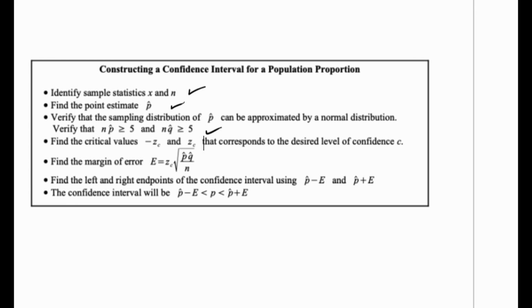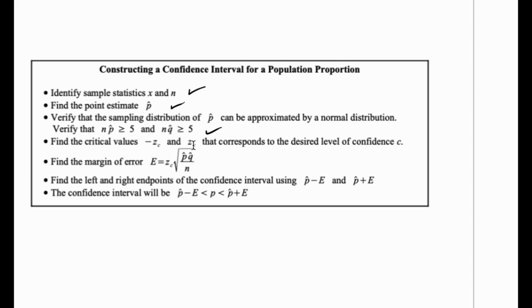Next, we want to find the critical values that go with this. Now, we had sometimes used Z and sometimes we used T. We used Z when we knew the population standard deviation. We used T when we didn't know it. For these types of problems, the binomials, we're just going to always use Z, because we really will know the standard deviation by being able to calculate it with that square root of N P Q formula.